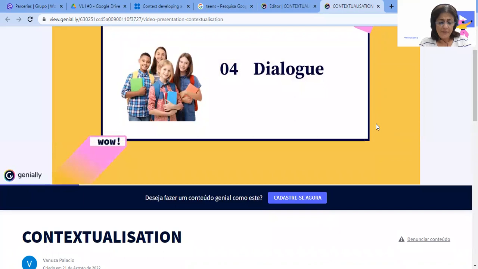Well, another possibility is dialogue. Present a short dialogue or part of a dialogue with a consciousness-raising activity, helping students notice a particular language feature, for example. Drill the dialogue chorally and then have students answer questions such as, who are the people? How old are they? What's their relationship? Where are they? What are they doing?